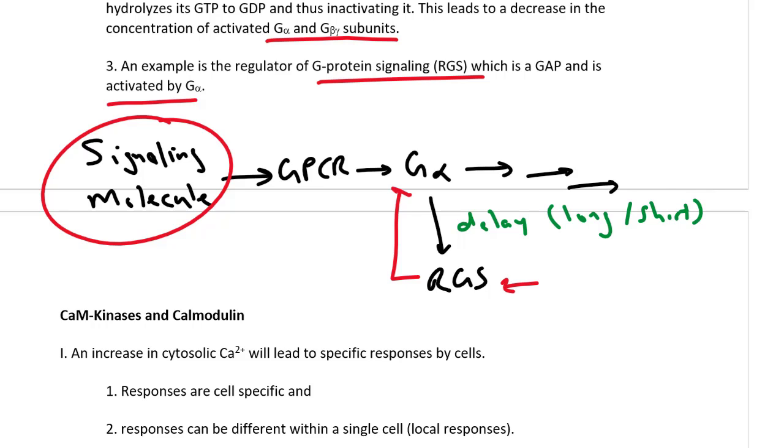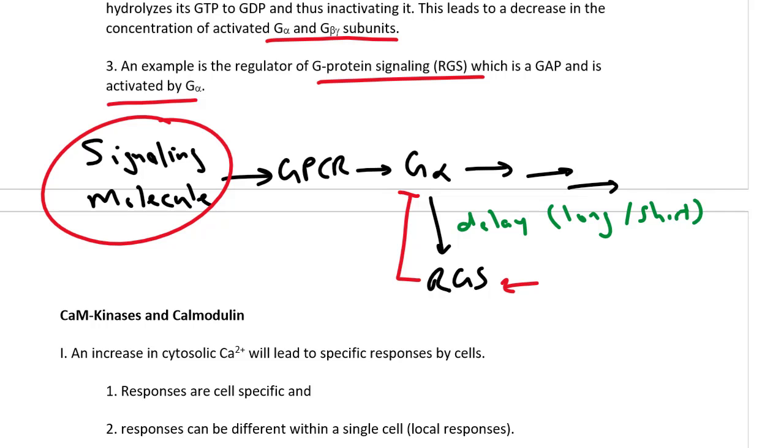So this will make this negative feedback go away, and if the signaling molecule is still there, then you're going to have more G alpha or G protein activation, which will then lead to, again, having that negative feedback be activated. So it just depends on whether that delay is short or long, and you'll get different types of profiles as far as the response is concerned.